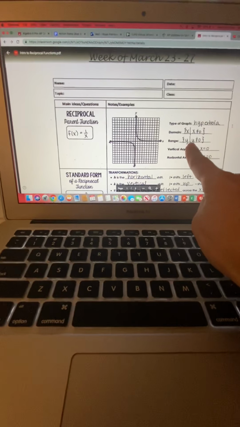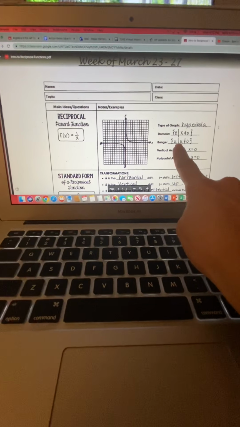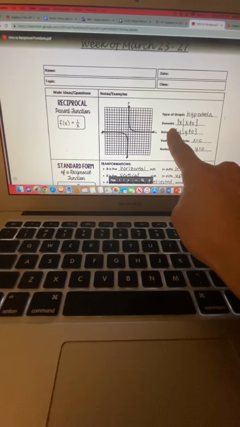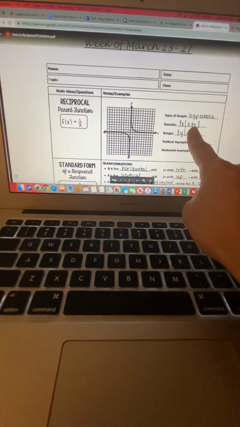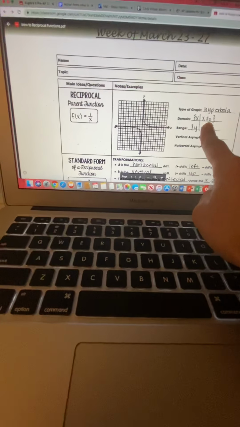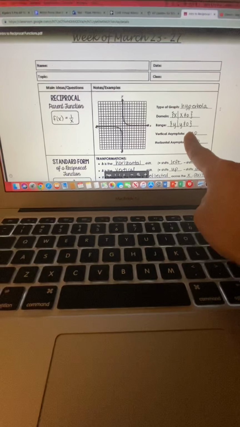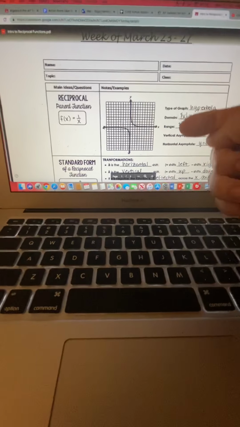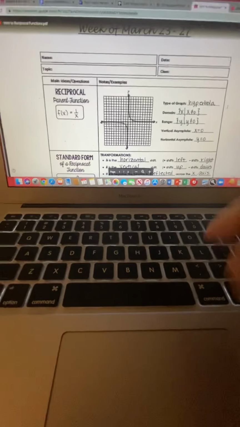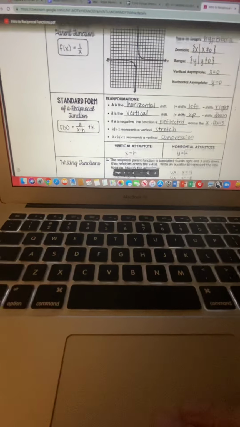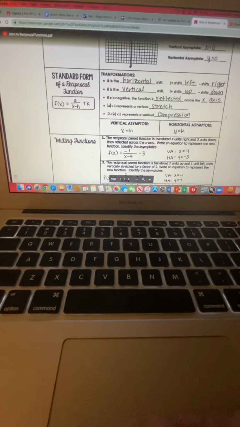And remember this long line here, this straight line means "such that." So the domain is x such that x is not equal to 0. So that means that every other x value exists except for that. And why? Because you have asymptotes there. So we'll get into that deeper with actual examples.